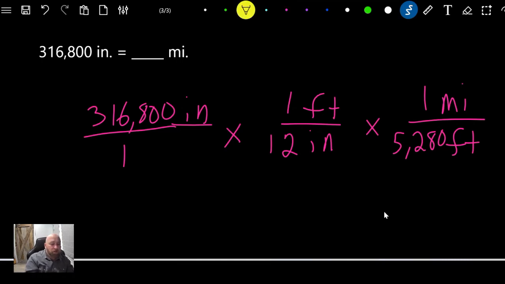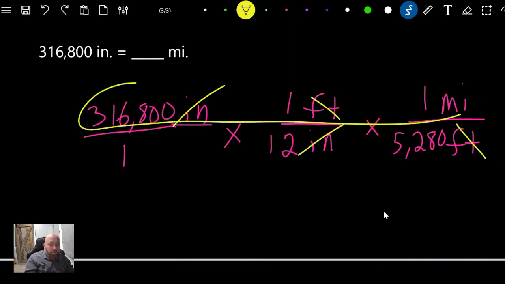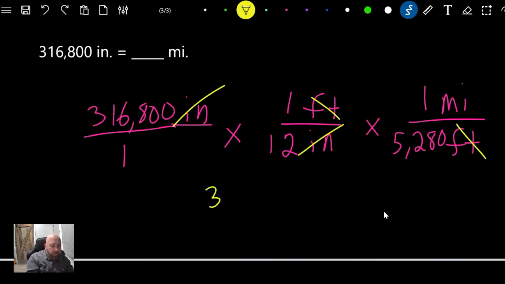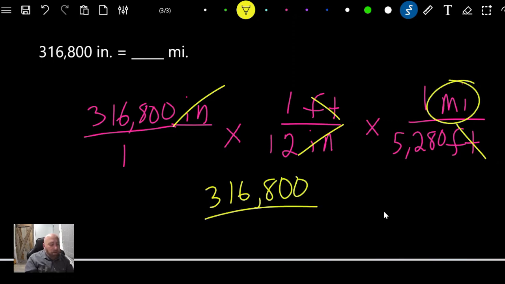Okay, so let's go ahead and cancel our inches, cancel our feet with feet. Now we're just left with miles. That's good. Notice up here, these are just 1, so we're going to have the same number that we had in the top. So 316,800 over, and that's going to be miles, over 1 times 12, and then 12 times 5,280.